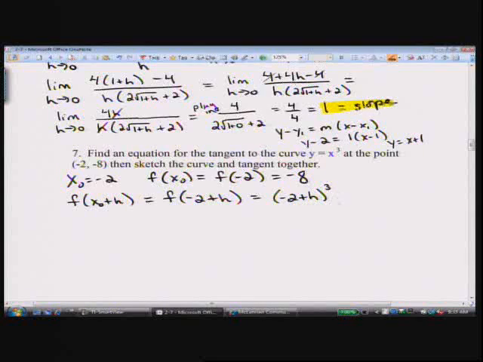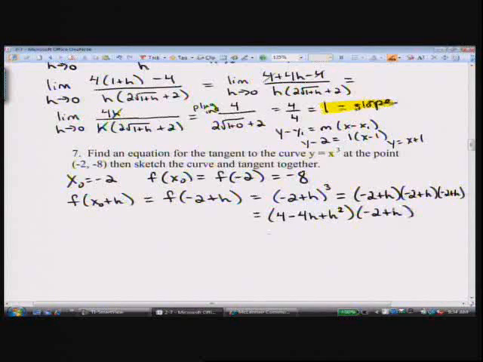You guys remember the binomial theorem, binomial expansion for this? Yeah, okay. So this means -2 plus h times -2 plus h times -2 plus h. So if you multiply this all out, here you can just FOIL that part. So that's going to be 4 minus 4h plus h squared times -2 plus h.